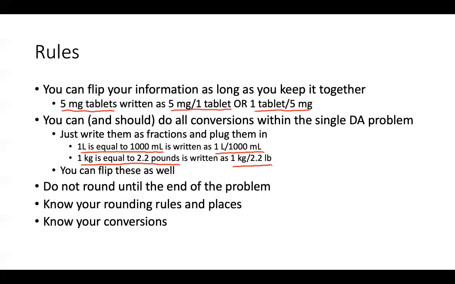Know your rounding rules in places. So your questions are going to tell you how to round. They're going to say round to the 10th place, round to the 100th place, round to the whole number. You need to know what that means. Okay. And you need to know your conversions, which we discussed in previous slides. So make sure that you have committed those to memory.